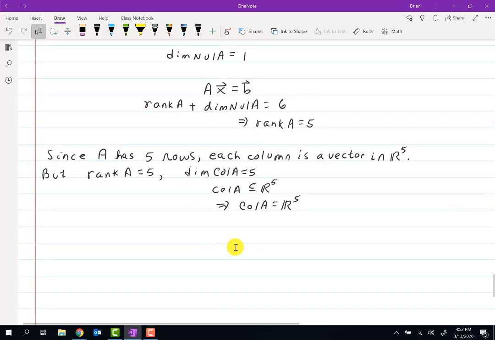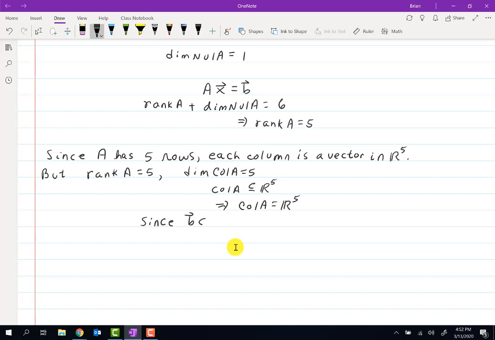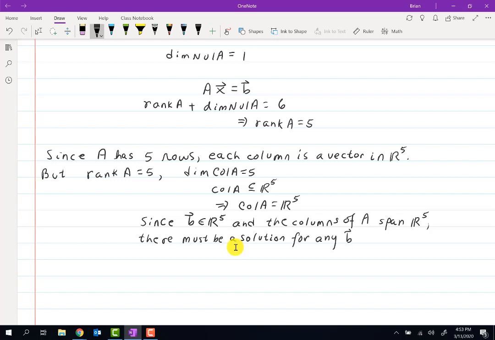So since B has to live in R5, and the columns of A span R5, there must be a solution for any B in R5.